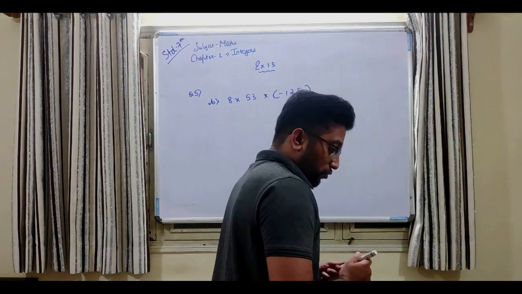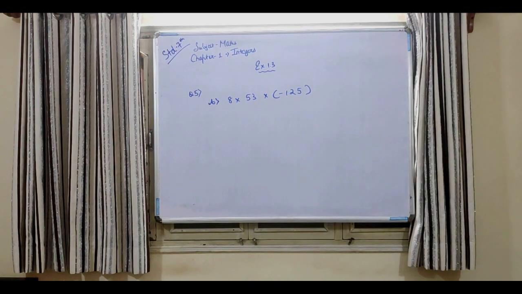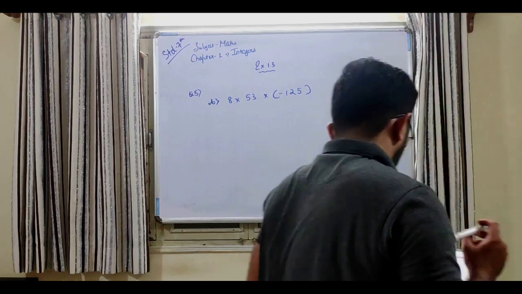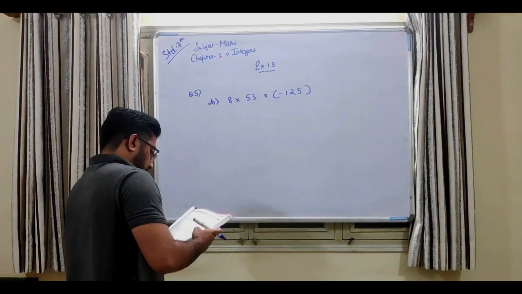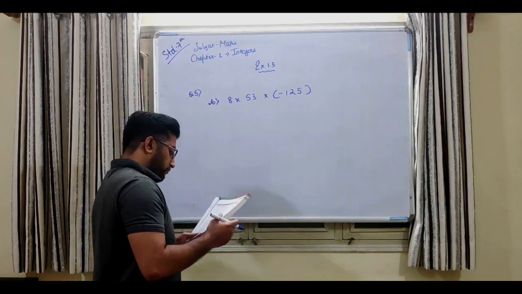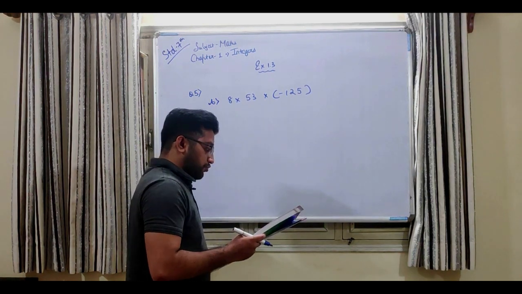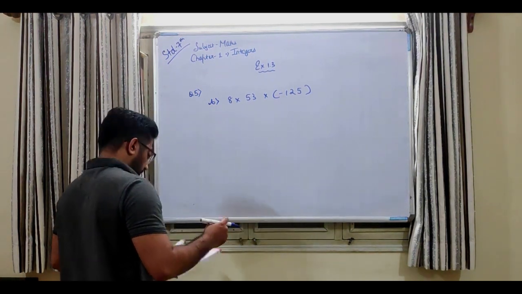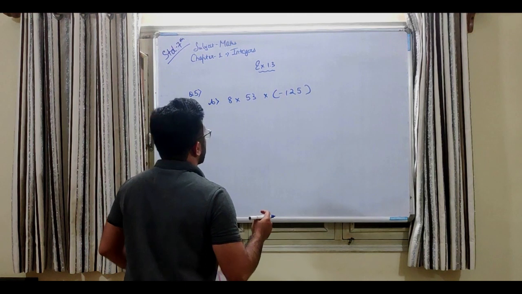So now let us move towards question number 5, second one: 8 multiplied by 53 into minus 125.